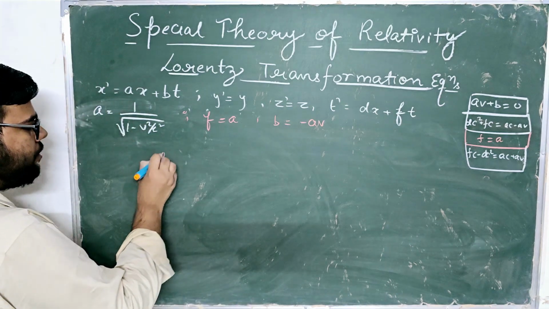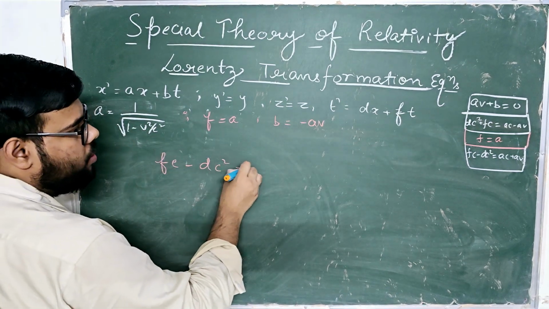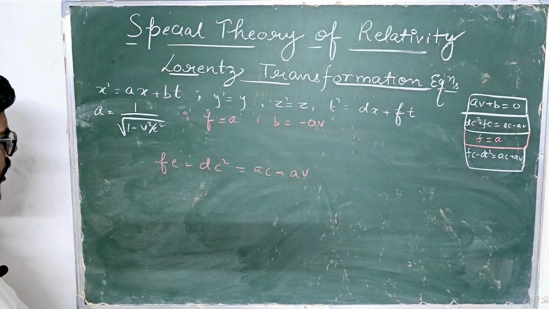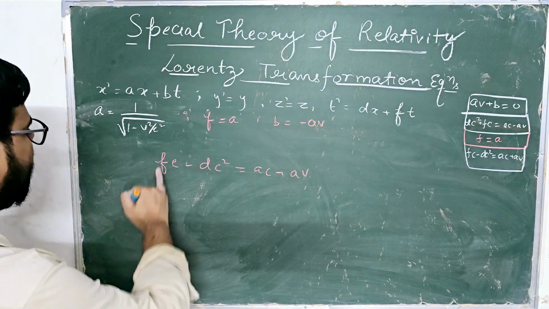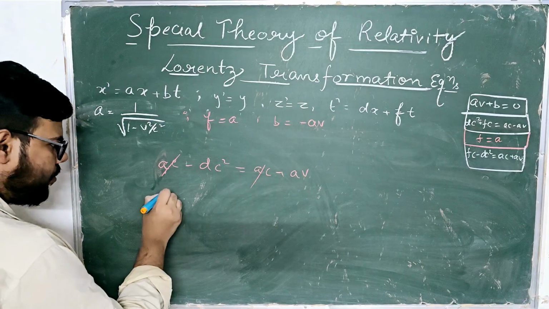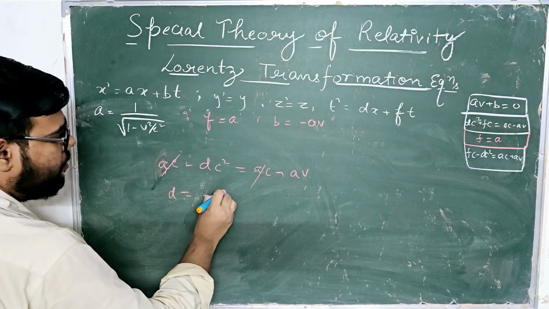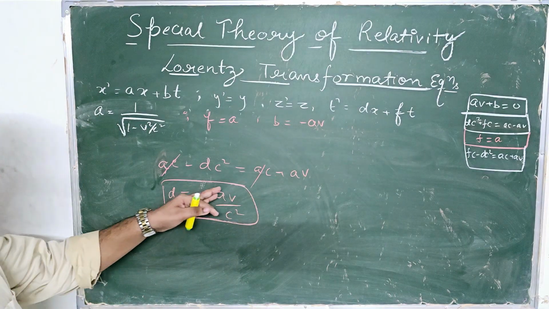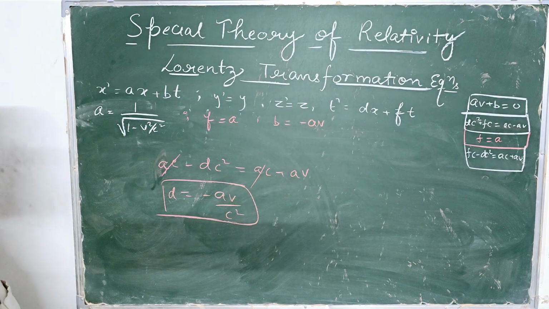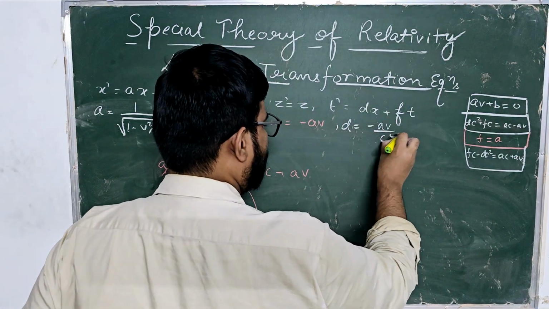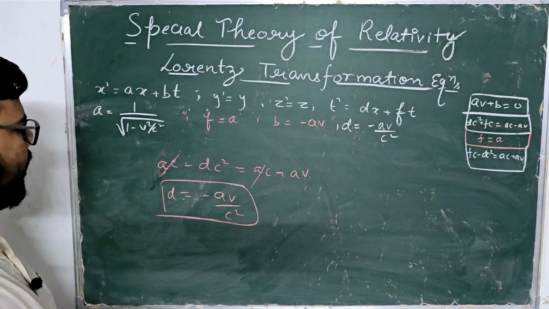We have fc minus dc square is equal to ac plus av, right? So clearly ac and ac gets cancelled, so d is negative av by c square. Okay, so we have got the value of d also, negative av by c square, right?